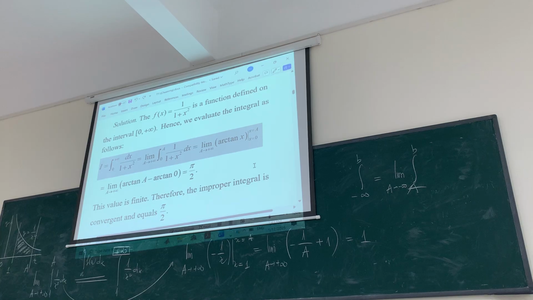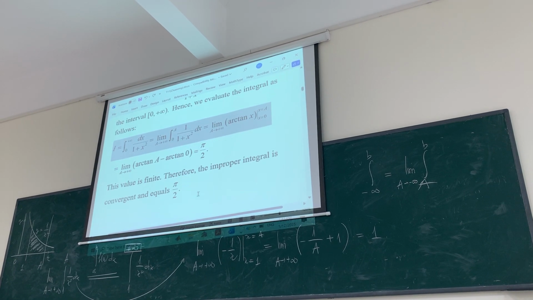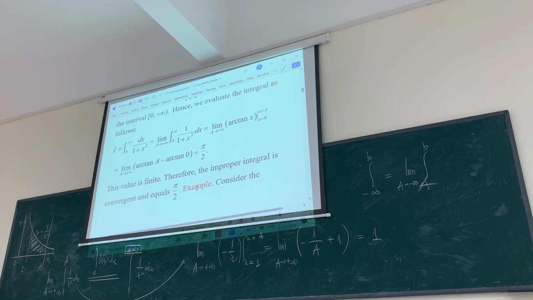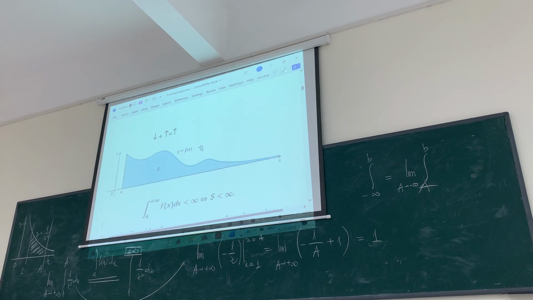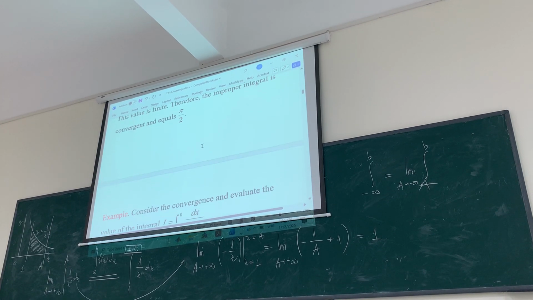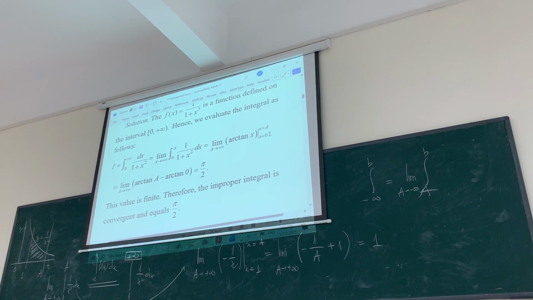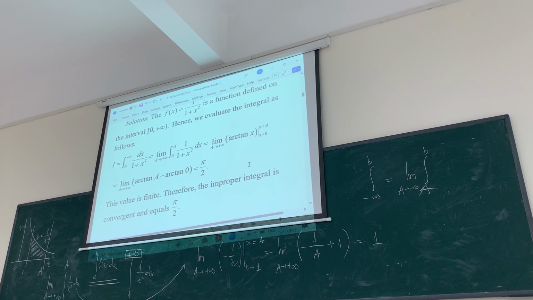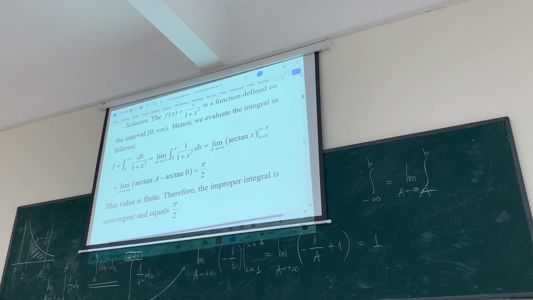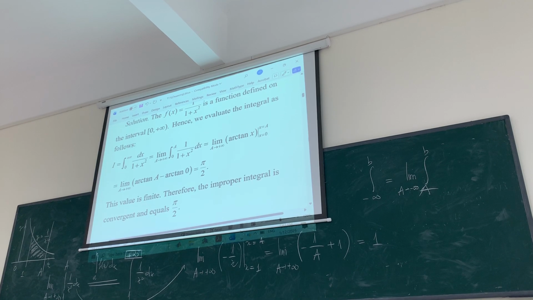Now, similarly, I give you an example related to the lower limit equal to negative infinity.